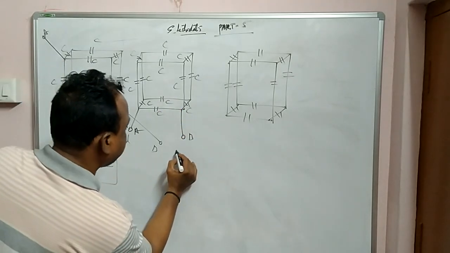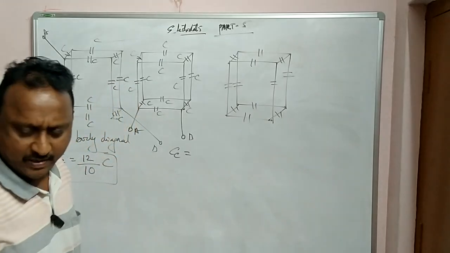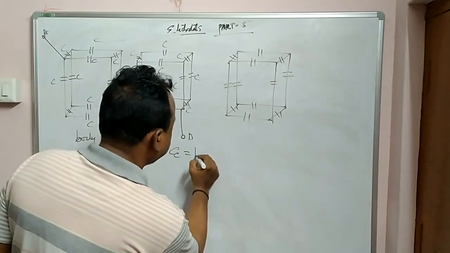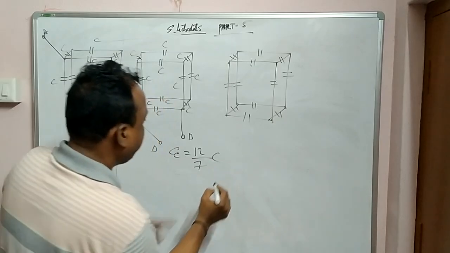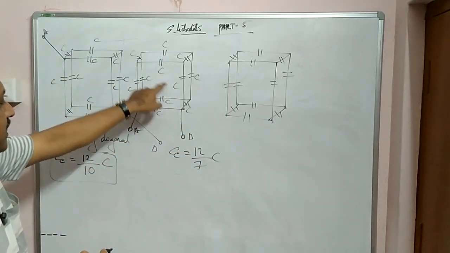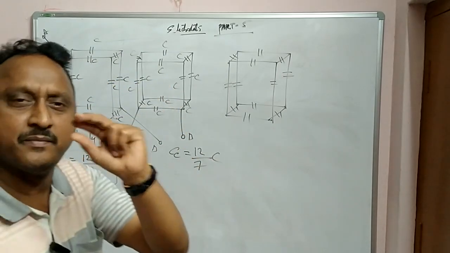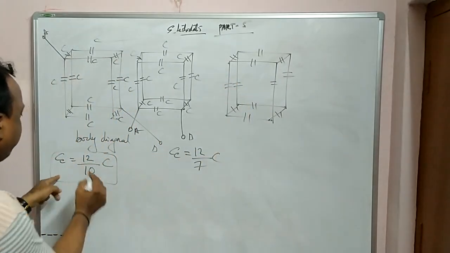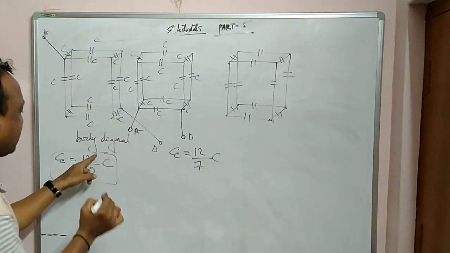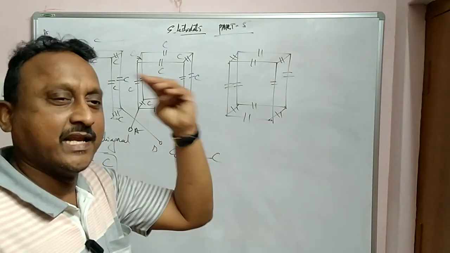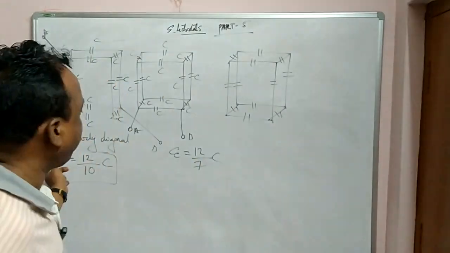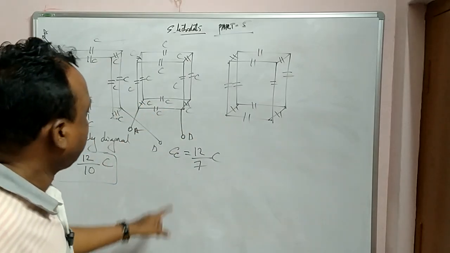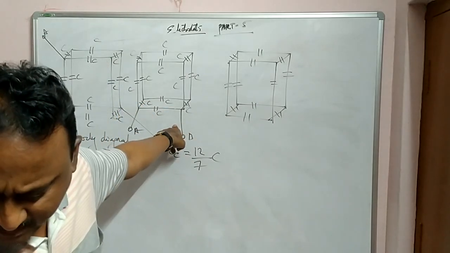This value goes like this: C effective capacitance is equal to 12 by 7C, where C is the original value given. 12 by 7 is the same as 6 by 3.5. To remember in a better manner, I am making all of them 12 values. Because if you divide, 2 sixes, 2 fives, it becomes 6 by 5C, but for keeping it in memory I am just multiplying by some figure and making all the values 12. So this is called the side.